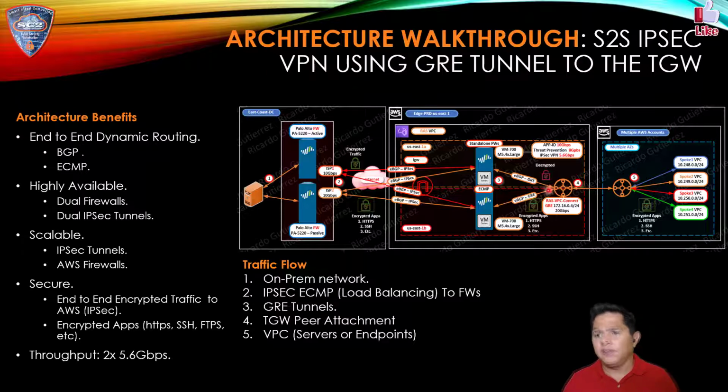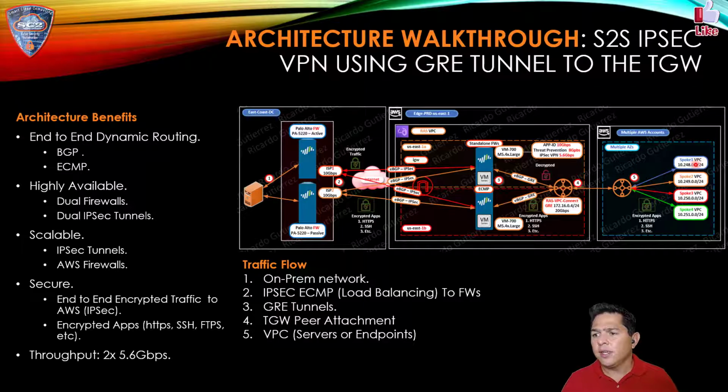So now once the packet hits the GRE tunnel, this packet will be sent to the transit gateway Connect peer, and the Connect attachment is the one that handles all BGP. That's where the BGP session lives, if you will. Then once the packet hits this attachment, the packet will be sent to whatever VPC the server belongs to.